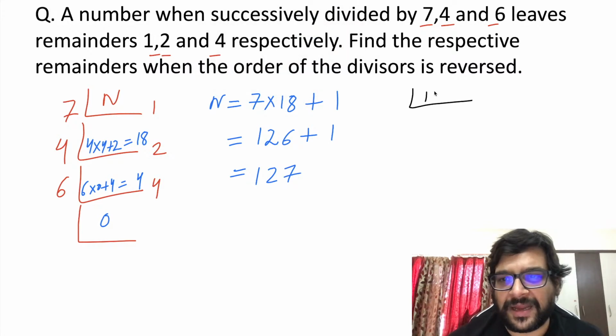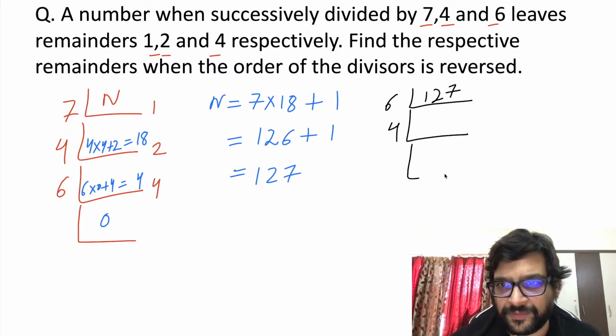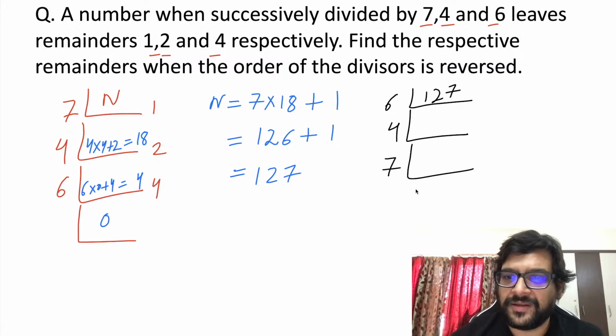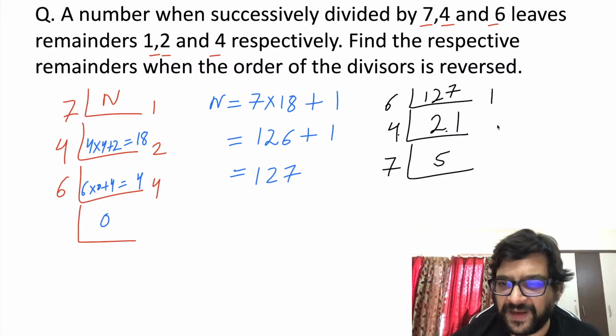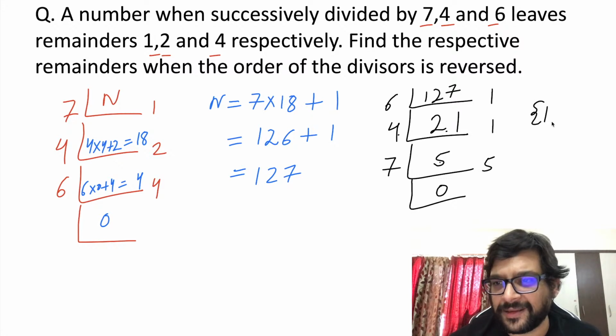Once you got the number as 127, you divide it by 6, 4, and 7. You divide it by 6, you get 21, remainder is 1. 21 by 4, you get 5, remainder is 1. 5 by 7, divisible 0 times, remainder is 5. Answer will come out as 115.